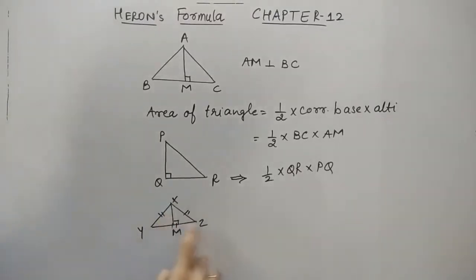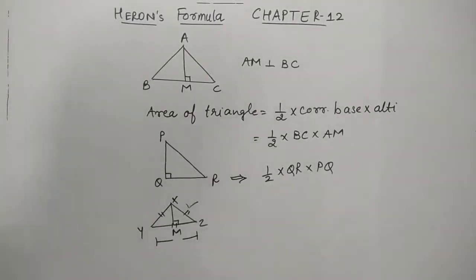So by using Pythagoras, because we have XZ, we can find the length of this. We have XZ, we have YZ, because all are the same. So this must be half of it and we can find it out. If it is an isosceles triangle, that also we can do by the same method.